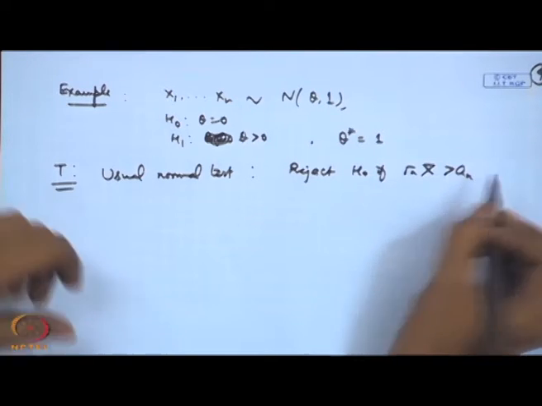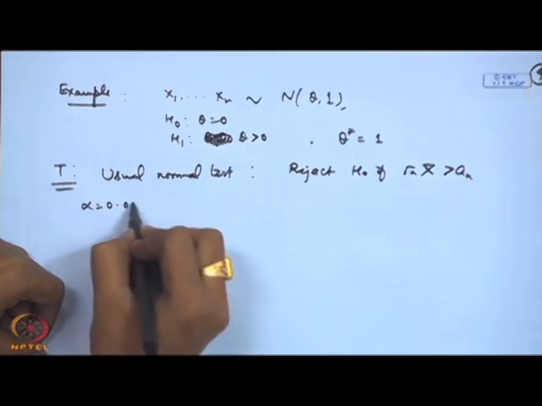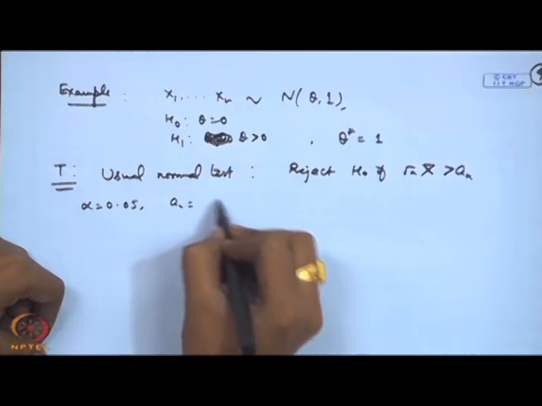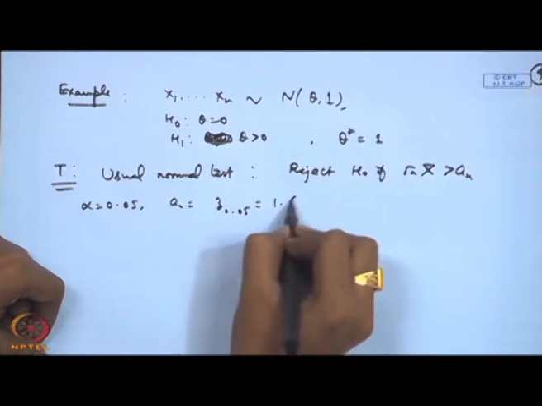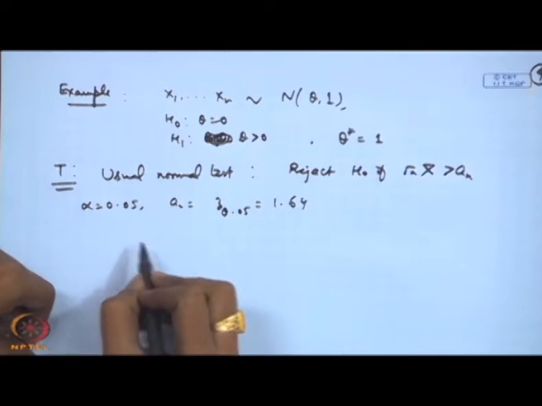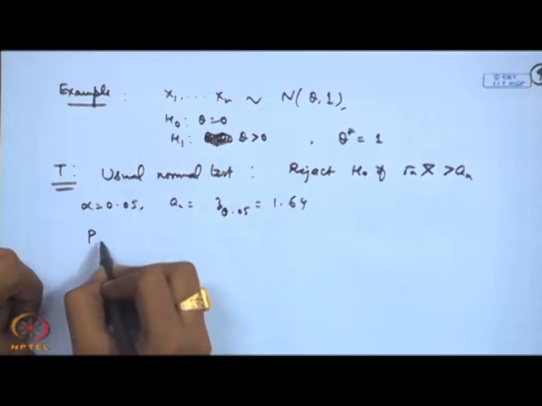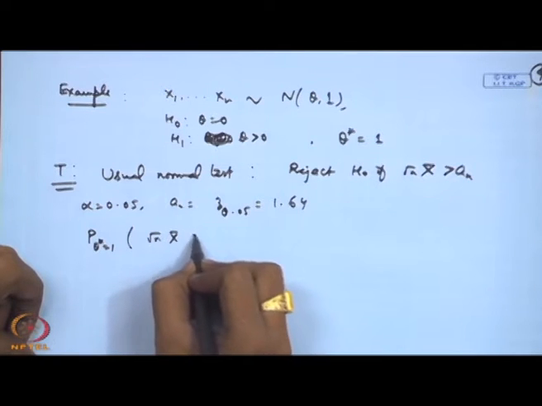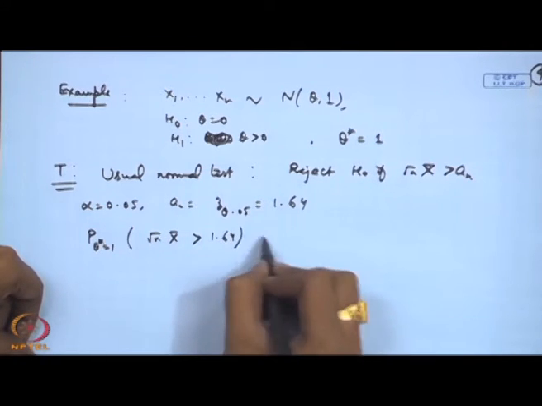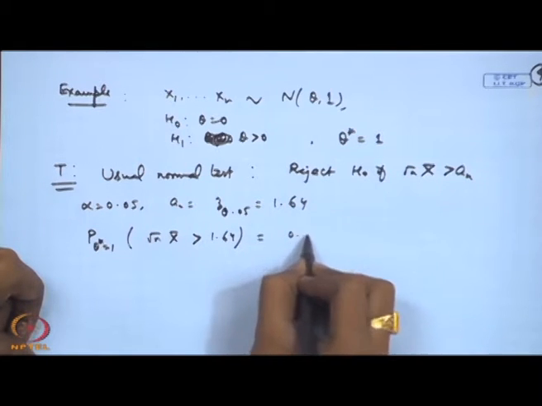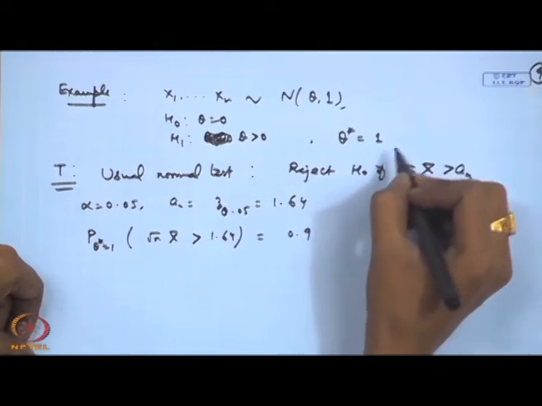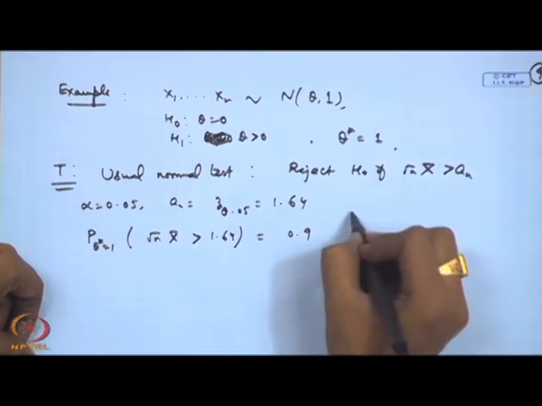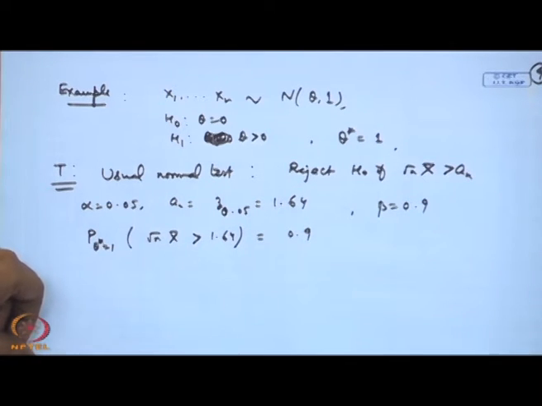If I am taking alpha equal to 0.05, then a n is equal to z 0.05, that is equal to 1.64. So if I consider the probability under theta star equal to 1 that root n x bar is greater than 1.64 to be 0.9, I am taking beta equal to 0.9, for example.